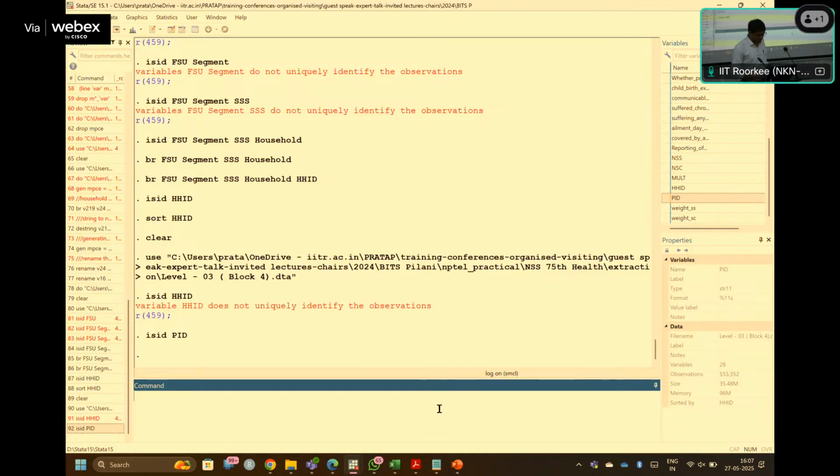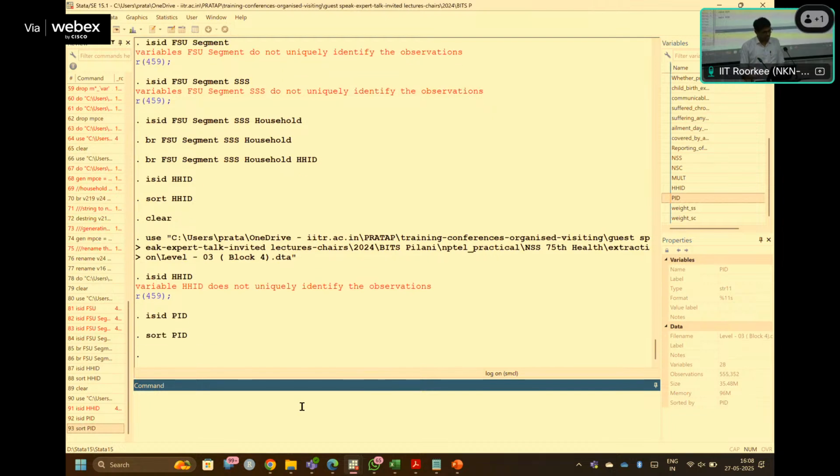So at this moment I have checked PID, and I'll also sort this variable. Sort PID. That's the starting process because we need to keep them in order. So I have done this. I have to save. So now I'm going to merge.